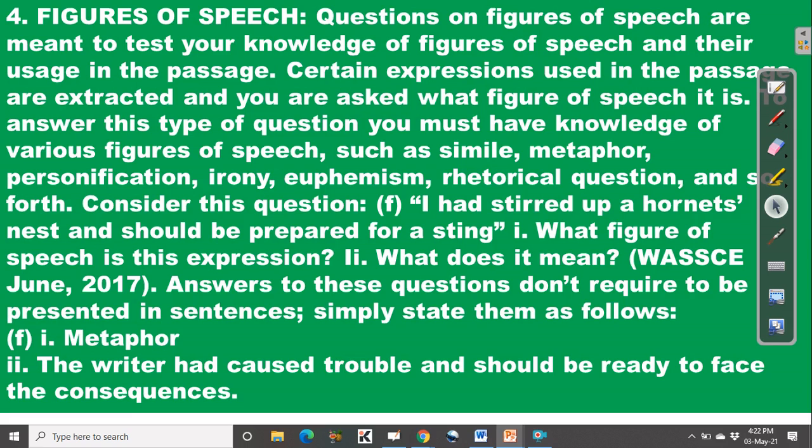Normally hornets do not just attack someone, but when you actually stir the nest, then they can go after you and sting you, right? So that is the image created here, and it is the image of trouble. When you have stirred the hornet's nest, it means you have looked for trouble somewhere, and you are going to face the repercussions or the consequences. All right, so that is about a figure of speech.